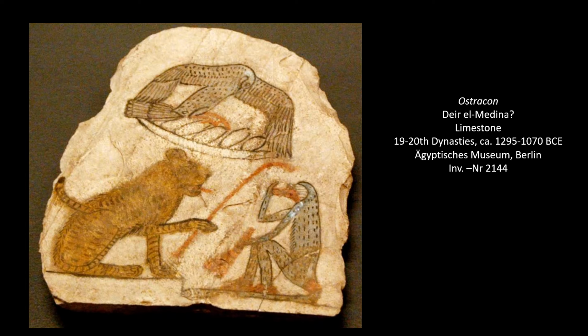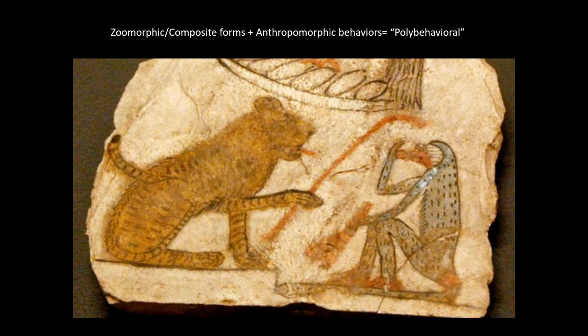Tefnut notably holds a stick in one paw, which would be impossible without an opposable thumb. I would not call her a hybrid deity, though, because her hand is not actually human. She's just demonstrating human behavior. So for this, I've coined the term polybehavioral to describe a god seamlessly combining zoomorphic and anthropomorphic behaviors.